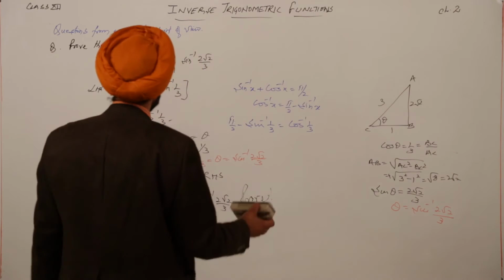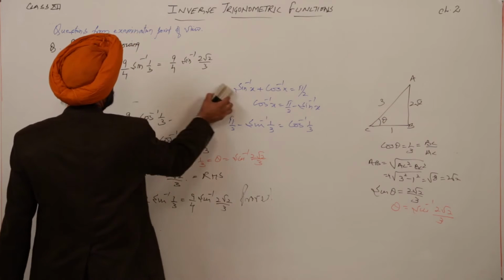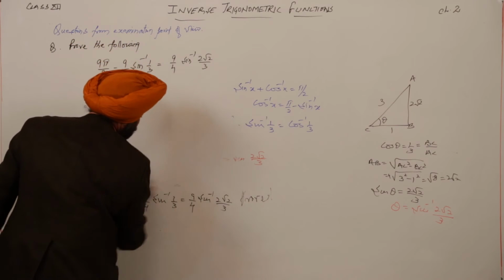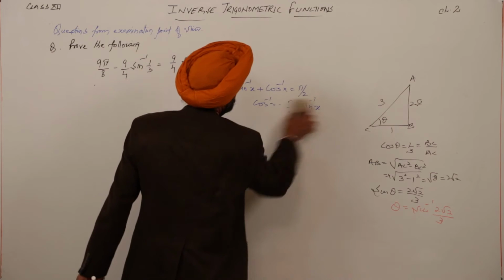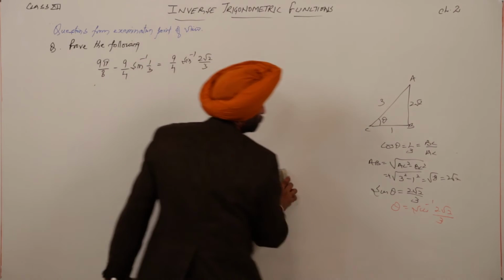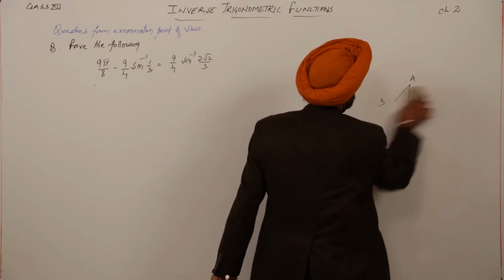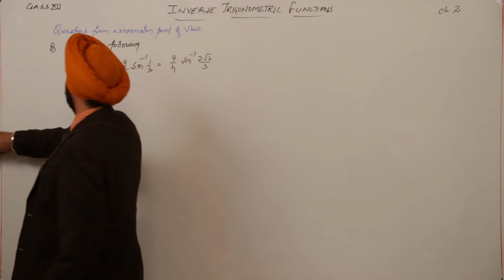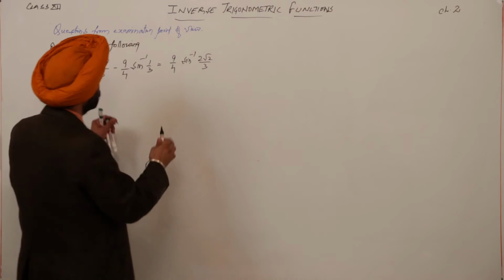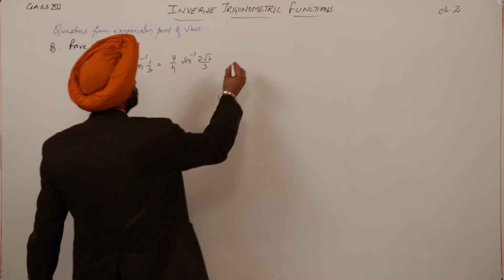In the second method, let's see which will take less time, because the calculation part is quite easy in both cases. So now I am just converting this question in the other sense.